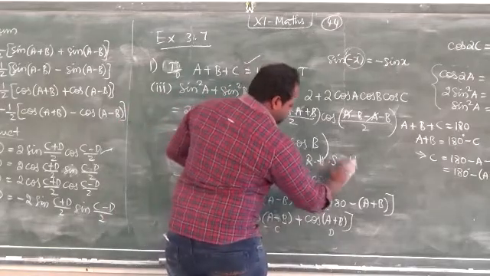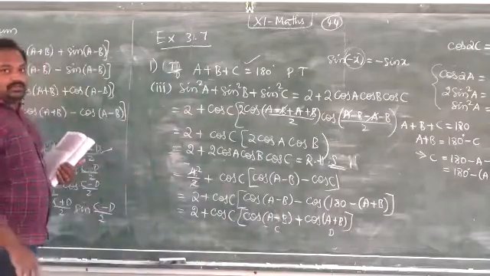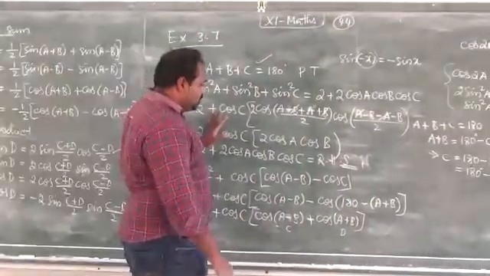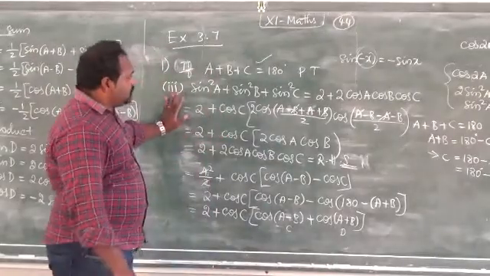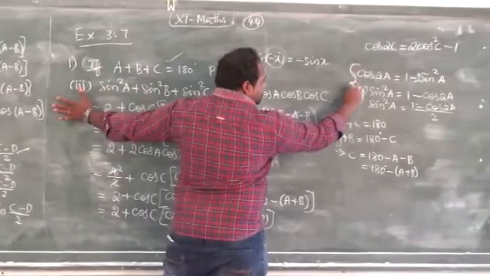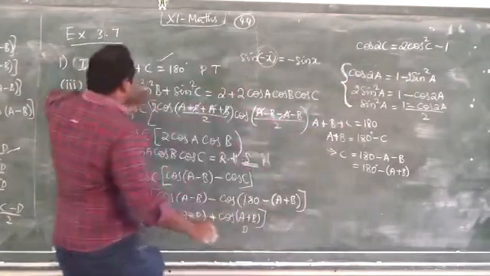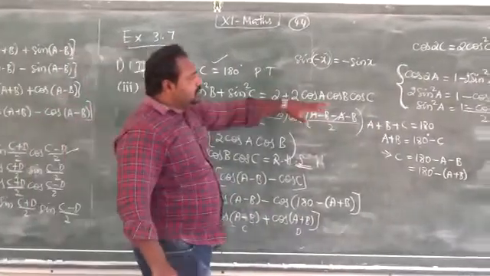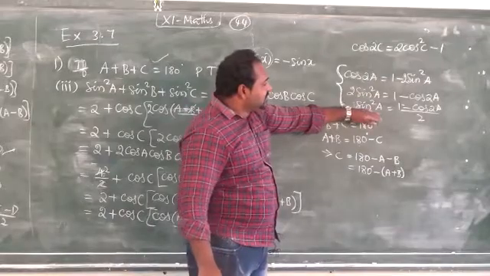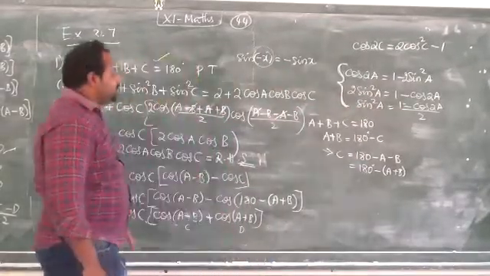Hence proved. So that completes question number 3, I mean subdivision number 3. For this very important problem, as soon as you see the question in your question paper, you have to remember this formula: sine square a should be converted into (1 minus cos 2a) by 2.